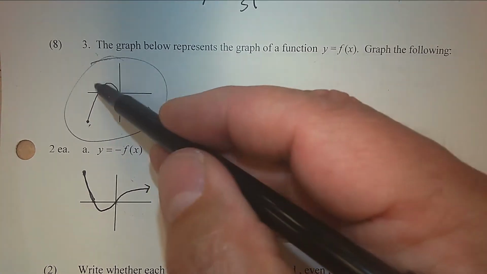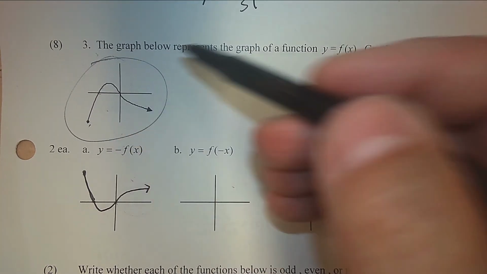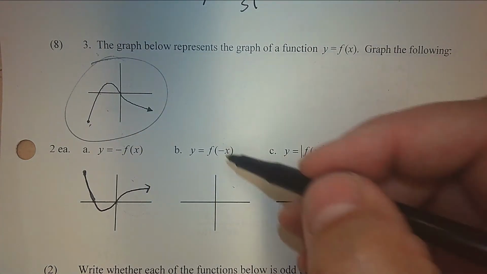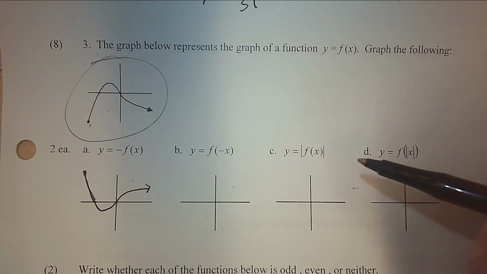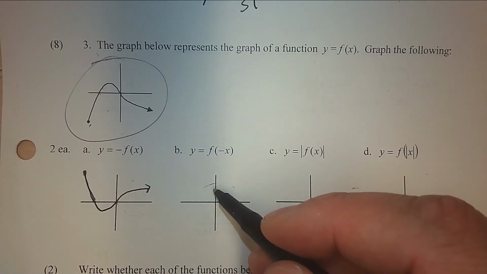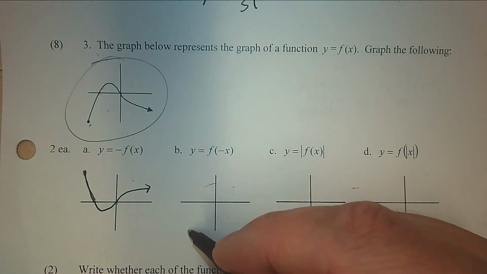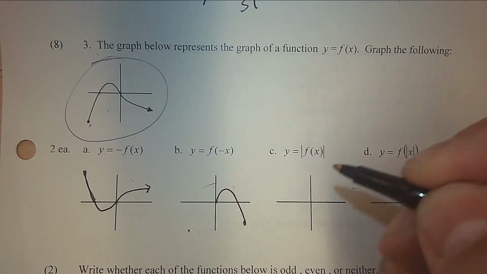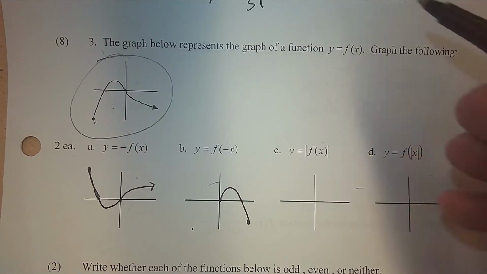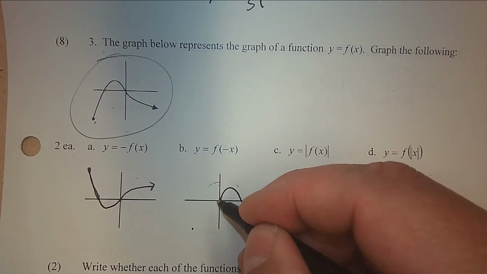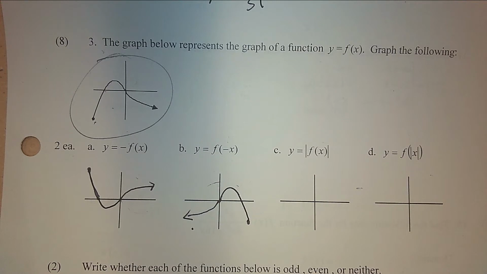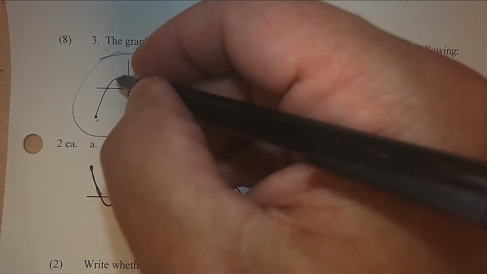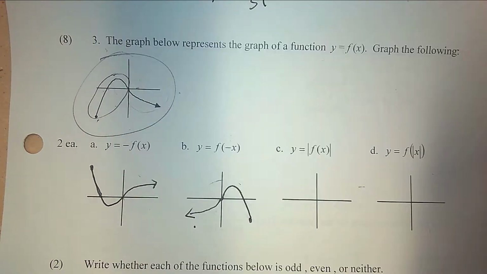The part that was above is reflected below. How about the negative on the inside? Well, the negative on the inside has to do with the y-axis. So what's on the left now goes to the right. And what's this part? So this part gets reflected over, and then the right side gets reflected to the left.